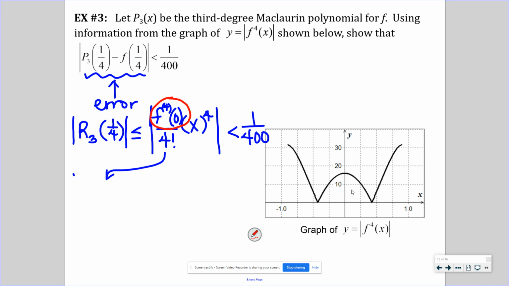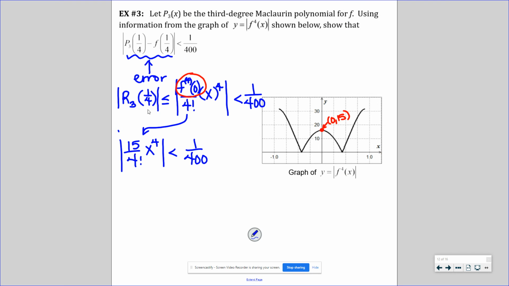It says f4 of 0, which means the 4th derivative, which is what this graph is. When x is 0, that looks to me like it is at 15. So we're going to call it 15 divided by 4 factorial times x to the 4th power. We want it to be less than 1 over 400. Okay? Next, you're going to plug in your estimation value, which is 1/4.